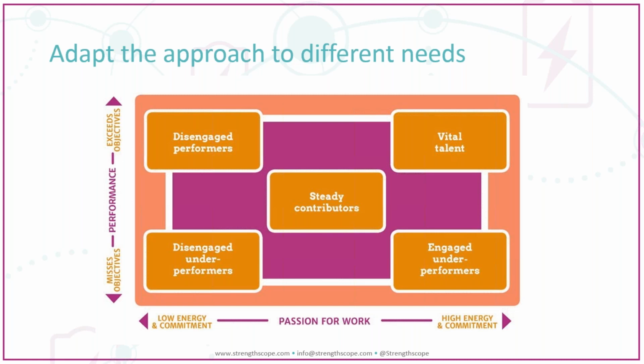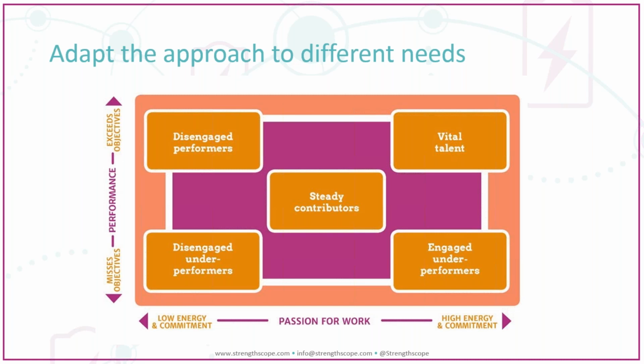So with vital talent, obviously, it's really important to empower these people, to delegate to them, to coach them, to encourage them, and so on. Whereas with disengaged underperformance, it's important to have very direct, straightforward conversations about what the individual needs to do to improve, and what will happen if they don't improve as well, and to try and analyze the source of the underperformance as early as possible.